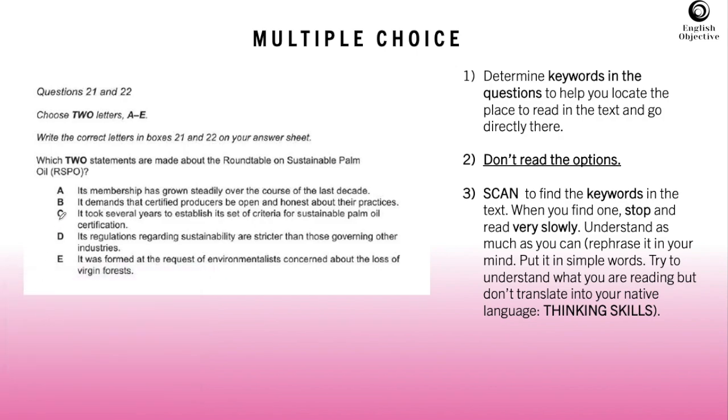So let's go through the question, and it says, which two statements are made about the Round Table on Sustainable Palm Oil? So this is a name, and whenever you have names or numbers in the question, they are definitely your keywords, and then it's very easy to find them in the text when you are scanning it.